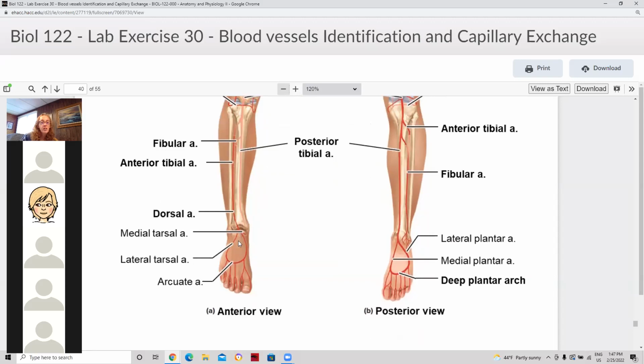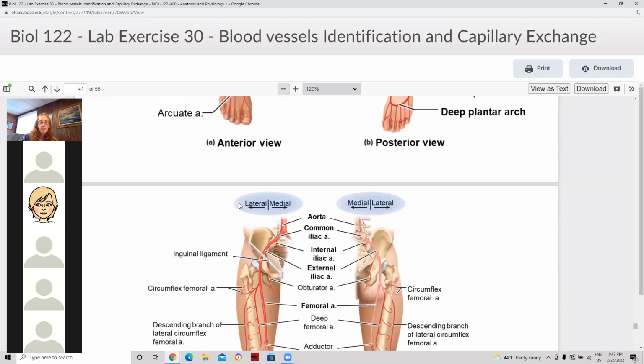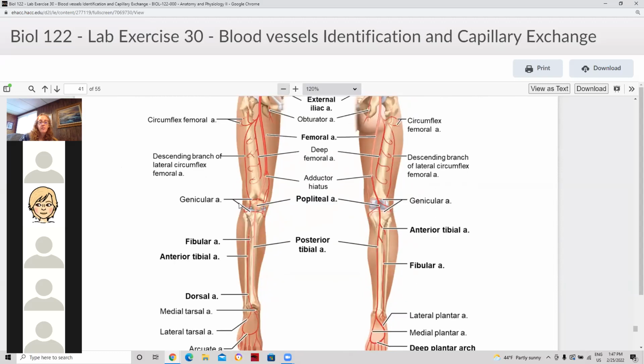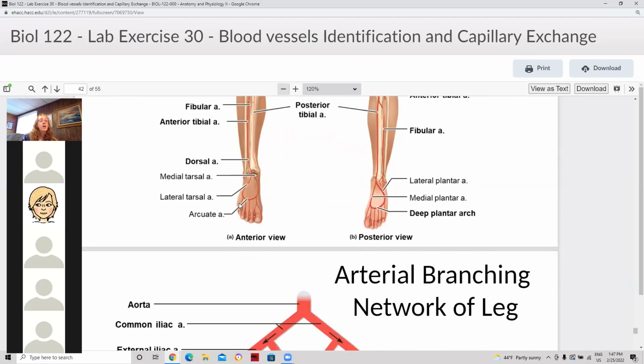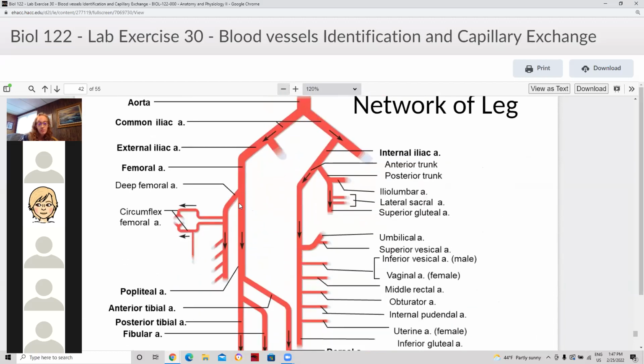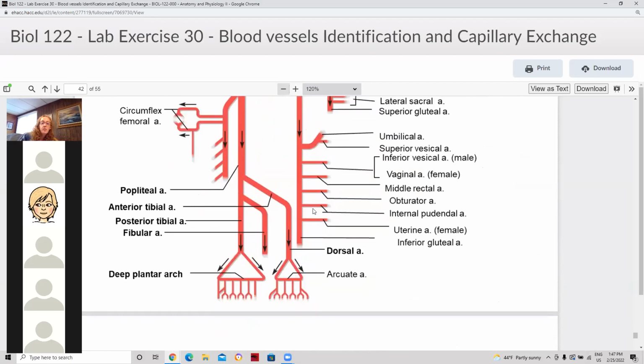The bottom of the leg, the deep plantar arch of the dorsalis pedis artery. Showing an overview of them, their networking, how they're supplying them, how the blood is flowing.